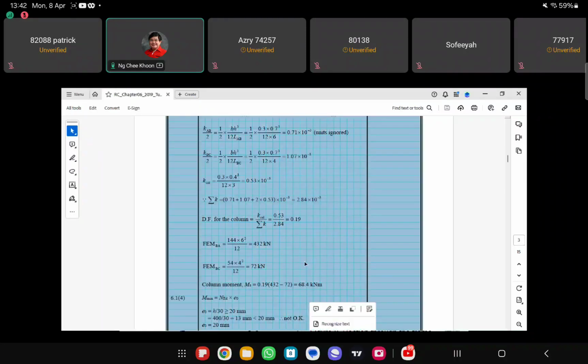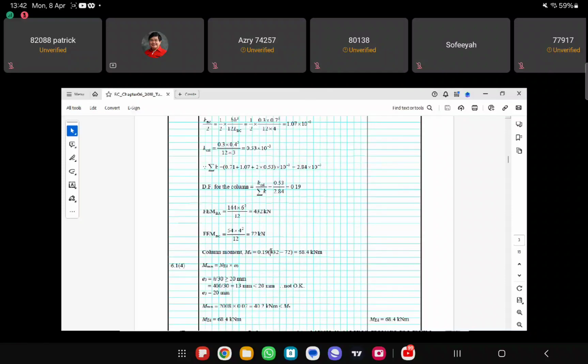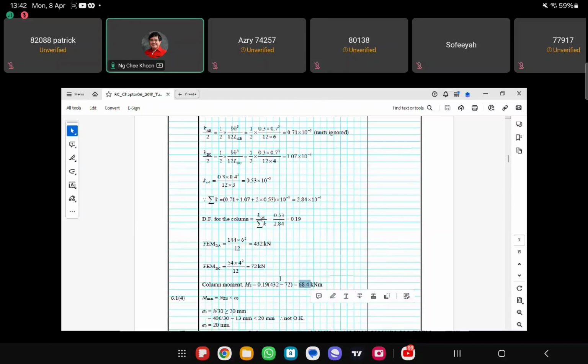You use minus 432 plus 72, you get negative 68.4 kilonewton meter. But here I'm only calculating the magnitude. I only need to know what is the magnitude of the moment, right?